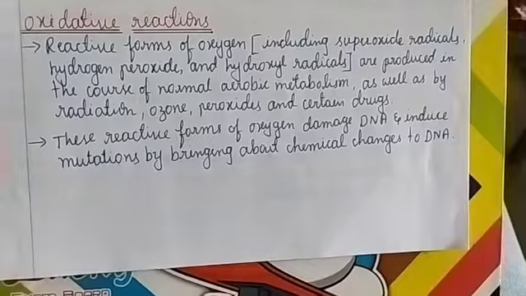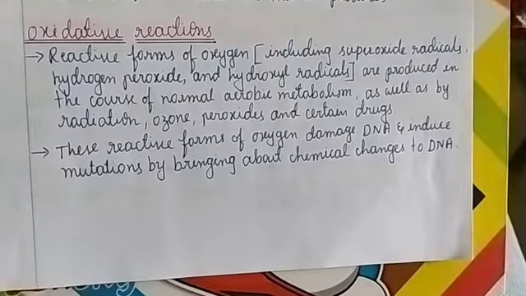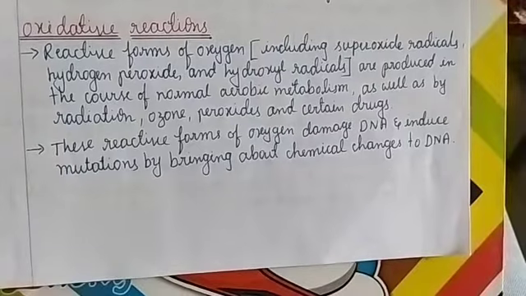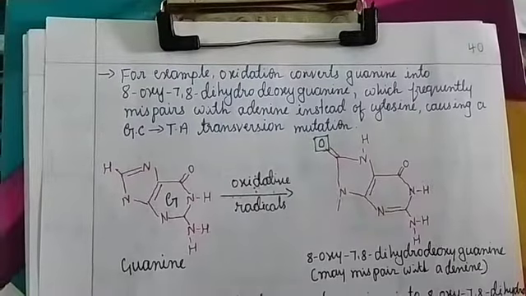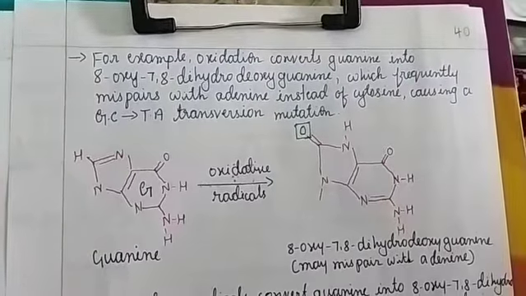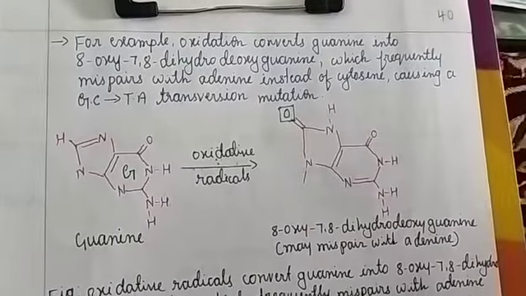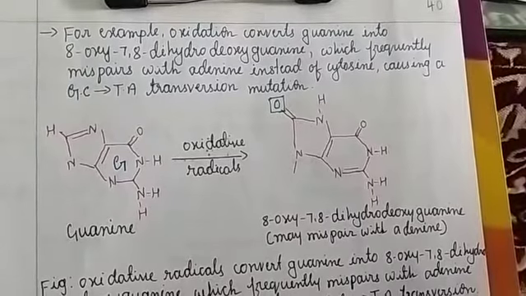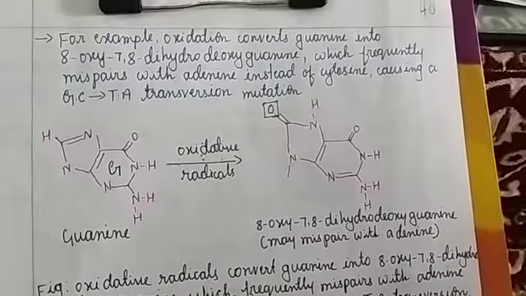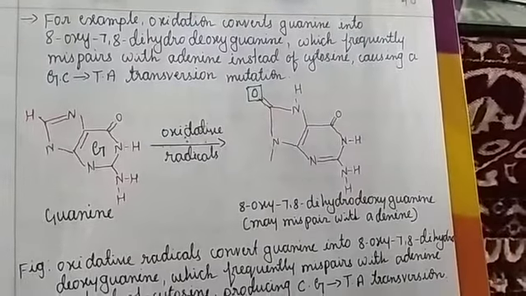These reactive forms of oxygen damage DNA and induce mutations by bringing about chemical changes to DNA. For example, oxidation converts guanine into 8-oxy-7,8-dihydrodeoxyguanine, which frequently mispairs with adenine instead of cytosine, causing guanine-cytosine to thymine-adenine transversion mutations.